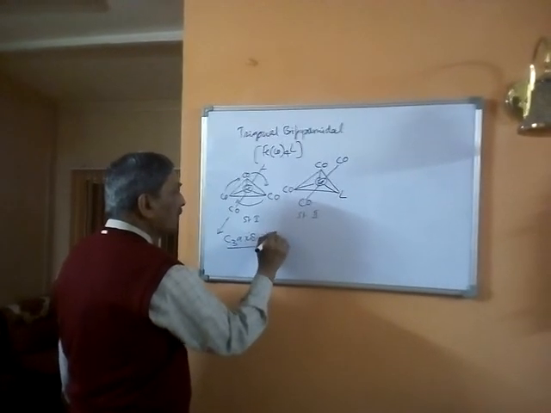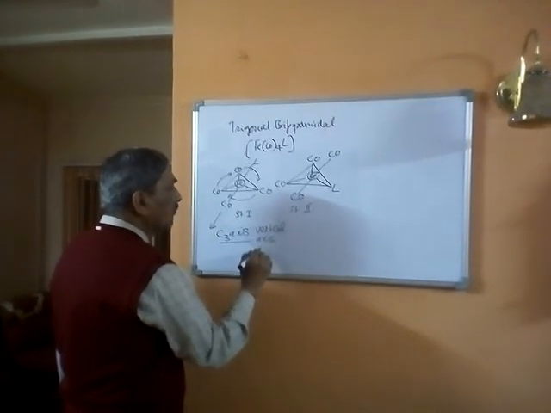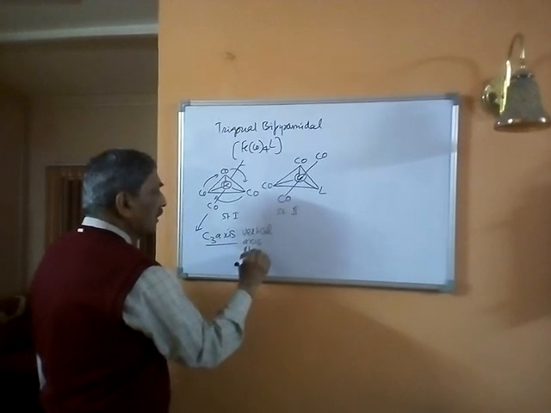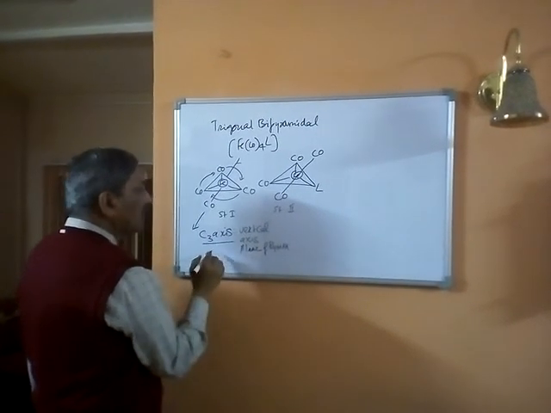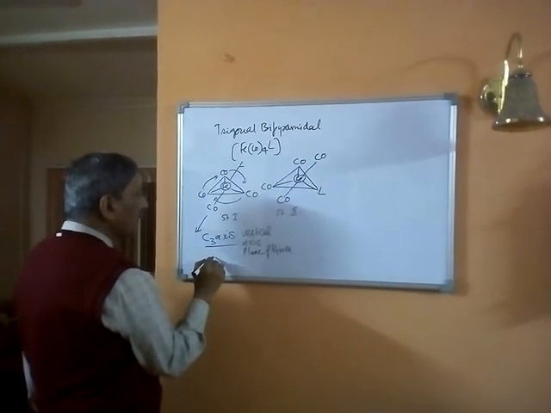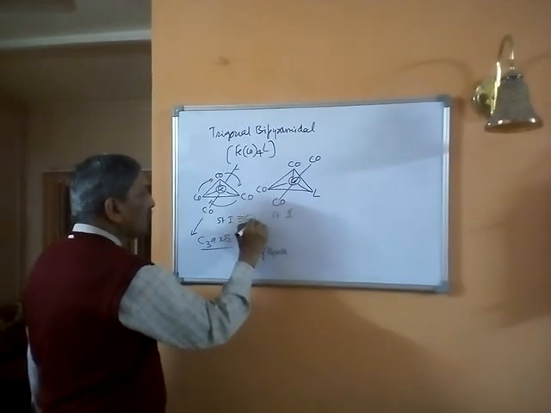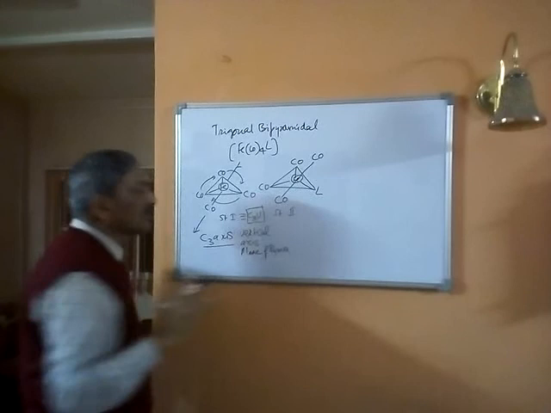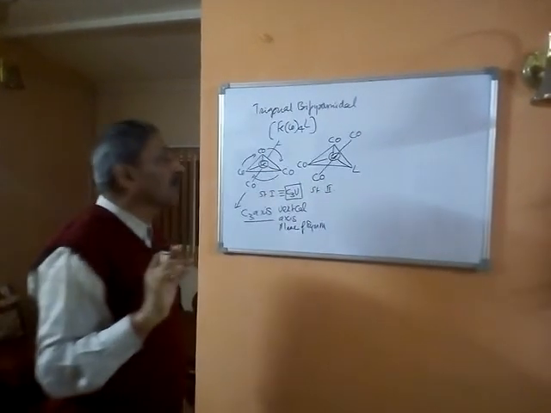So you will have a C3 axis of rotation and vertical planes of symmetry. Thus, the point group which we can assign to this structure will be C3v. Thus, structure 1 adopts a C3v type of symmetry.